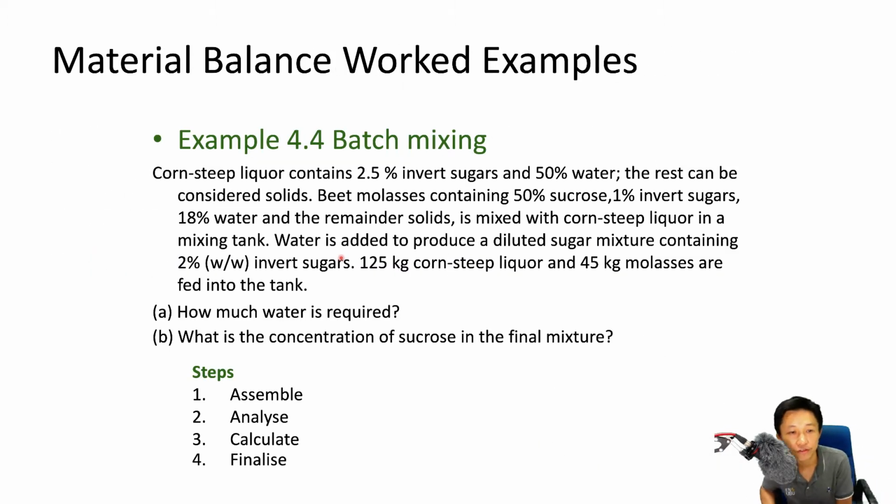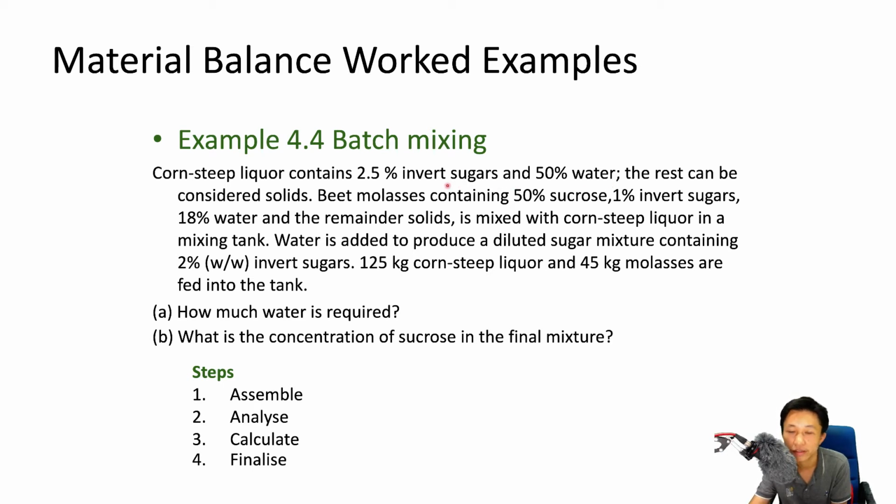And then we have a look at this example first. This one is the text. What I said before, you need to understand your problem. The corn steep liquor is a liquid produced from corn, containing 2.5% invert sugar, and the rest is water.